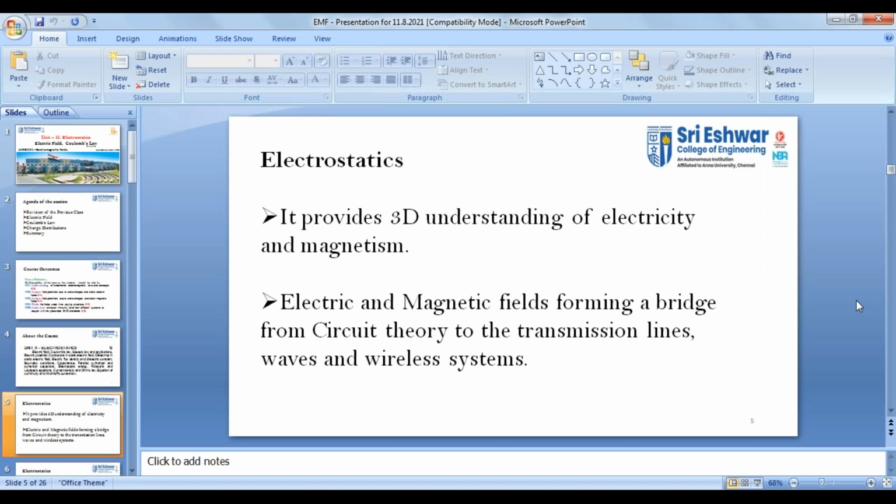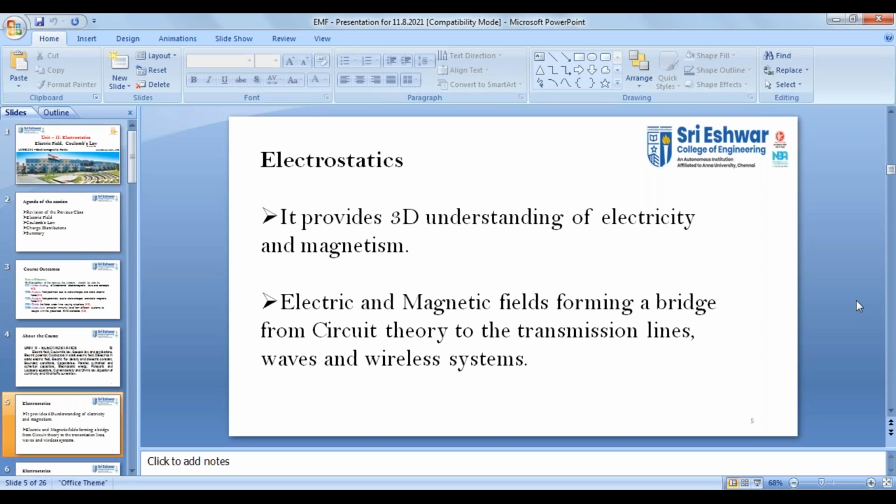That's the difference. And electric and magnetic fields form a bridge from circuit theory to the transmission lines, waves, and wireless systems. You will be studying transmission lines and waveguides, then transmission of RF signals, in future semesters.